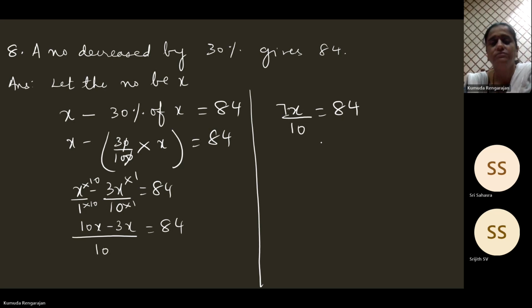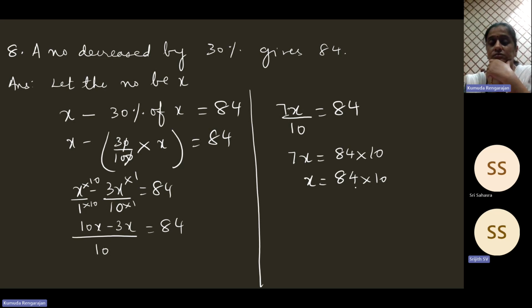Next step. Cross multiply. 7x is equal to 84 into 10, ma'am. Then x is equal to 840 by 7.